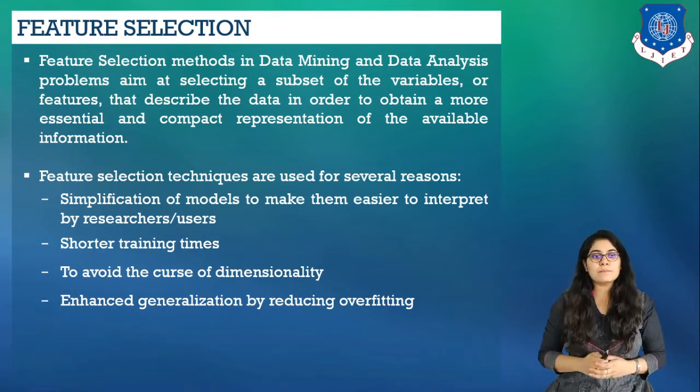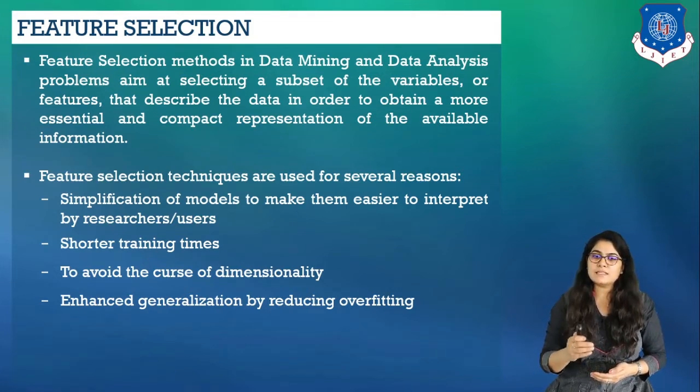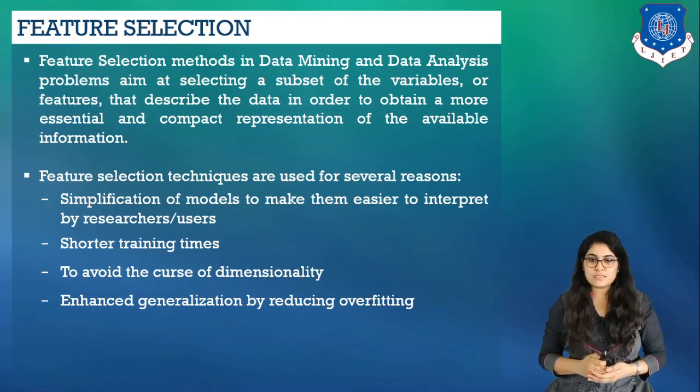The central premise when using a feature selection technique is that the data contains some features that are either redundant or irrelevant and can thus be removed without incurring much loss of information. Redundant and irrelevant are two different notions, since one relevant feature may be redundant in the presence of another relevant feature with which it is strongly correlated.